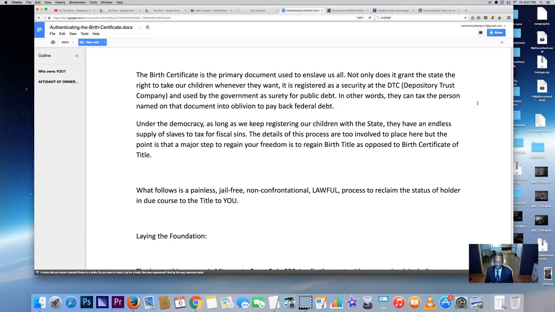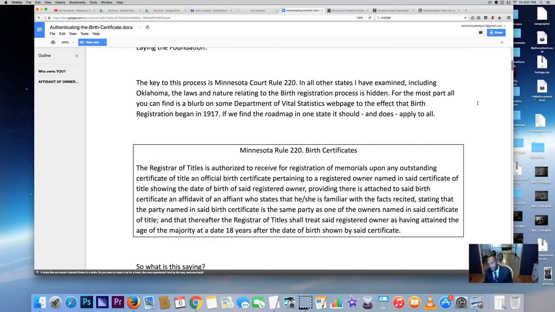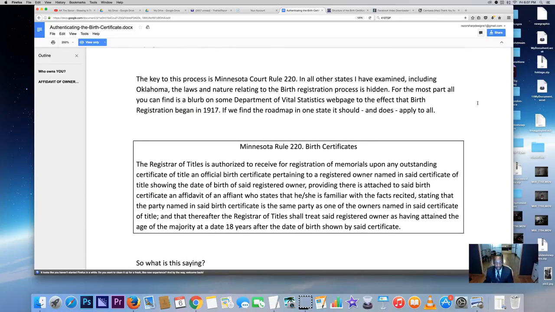The goal is to regain birth title as opposed to birth certificate of title. So you have to regain birth title. Now, what follows, well, I'm not going to go through all that. Now, okay, another major key: the process is the Minnesota Code Court Rule 220.